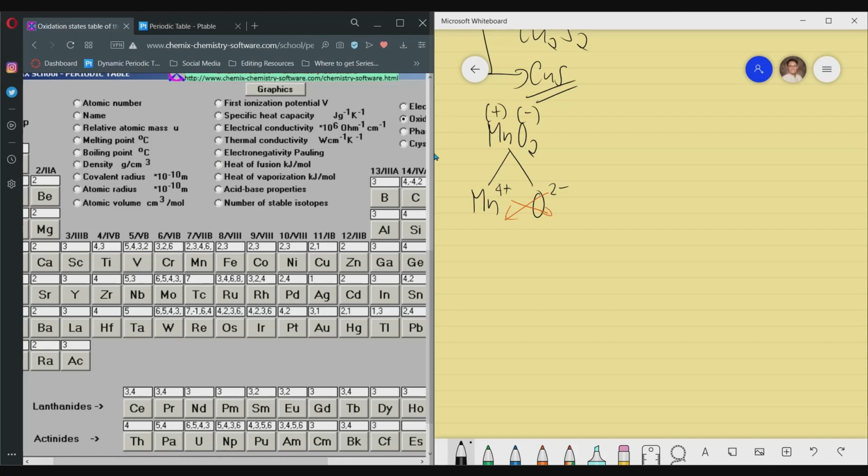The answer here will be Mn2O4. Again, lowest term. I will put this into lowest whole number ratio. 2 and 4 have a common multiple of 2. So lowering them down, we have MnO2, which is the same as our given. Therefore, our particular charge for manganese is 4.